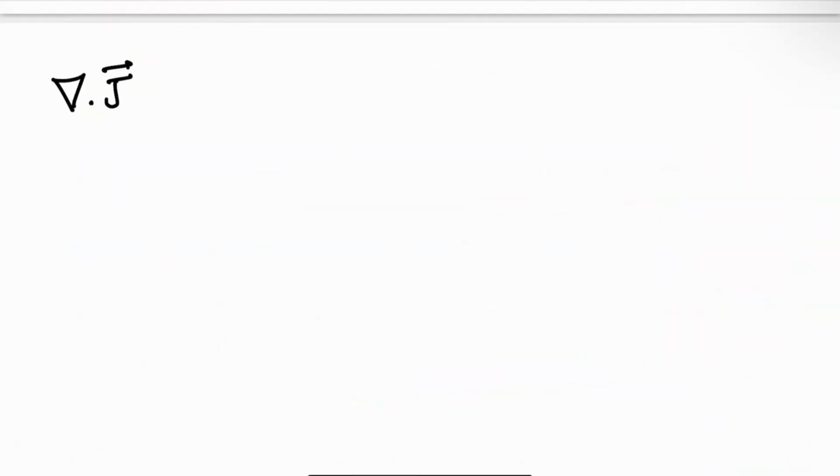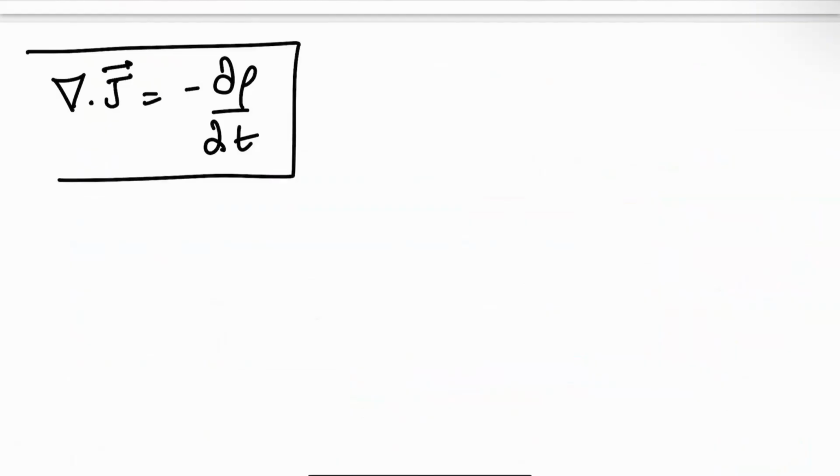We had divergence of J is minus d rho dt. Right? This is actually nothing but KCL, Kirchhoff's current law. Because when we write KCL, what does it say? It says that the total current leaving a branch or a node in a circuit is equal to 0.